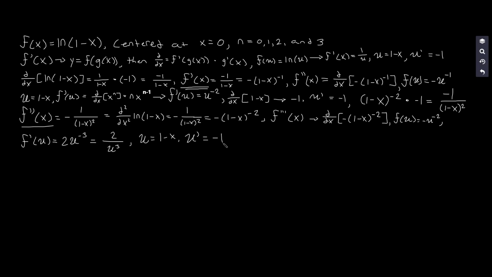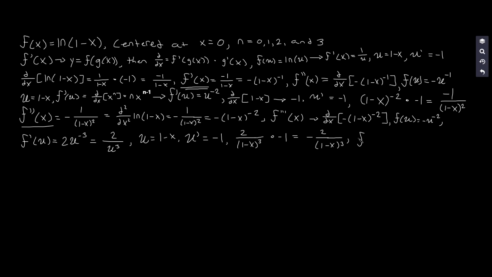To apply the chain rule, we do 2 over 1 minus x raised to the third power times negative 1, which equals negative 2 over 1 minus x raised to the third power.